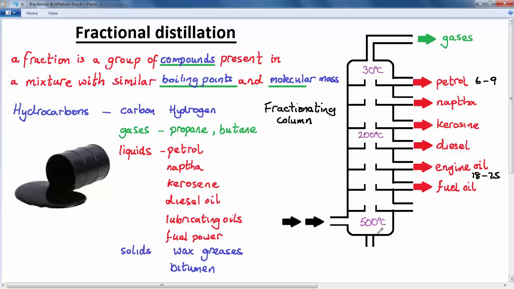So going back to our fractionating column, the substances to be released at the bottom of the column will be highly viscous or solid substances such as waxes and grease, or bitumen, which will be the longest molecules with the highest boiling points.